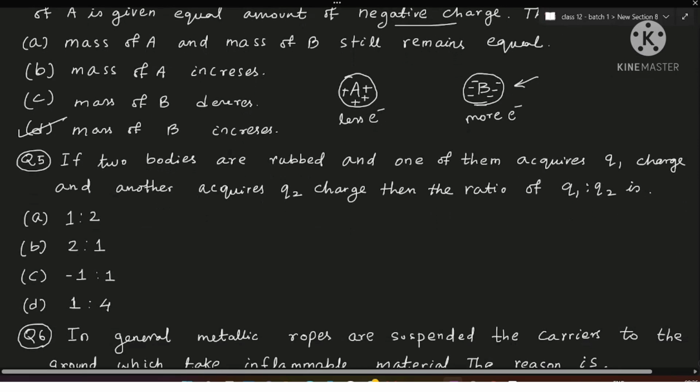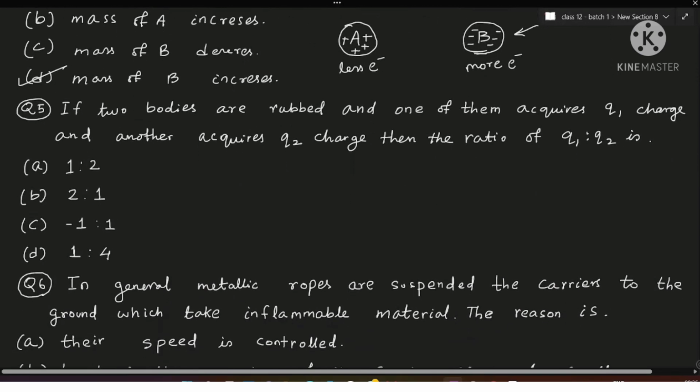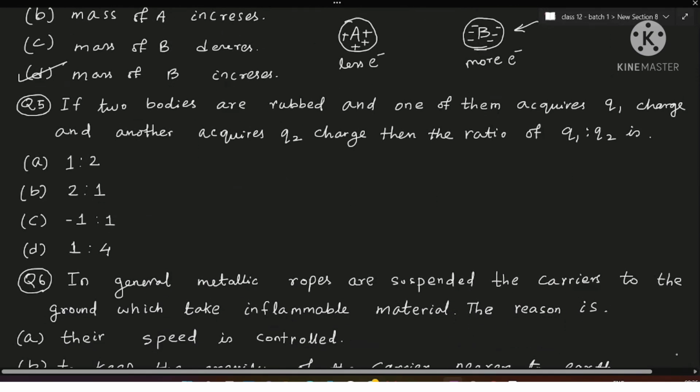Okay. So now the next question. If two bodies are rubbed and one of them acquires a charge Q1 and another acquires a charge Q2, then the ratio of Q1 to Q2 is?